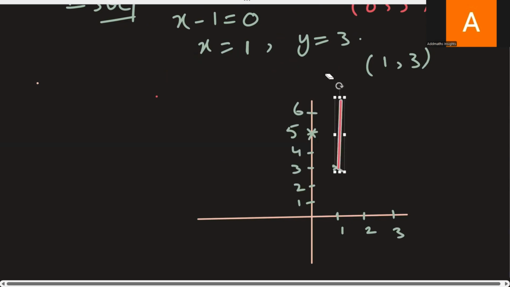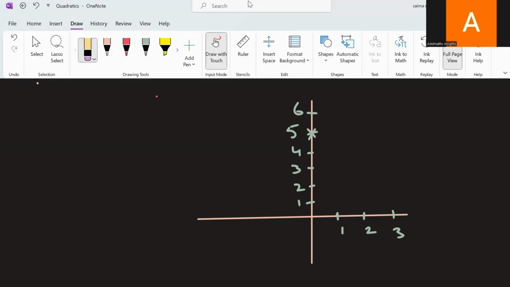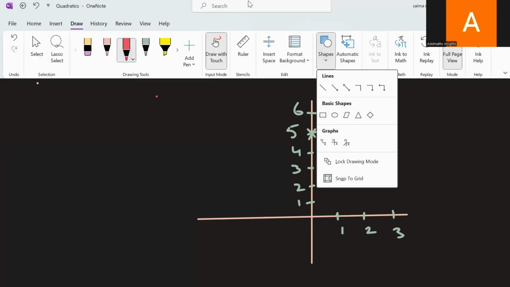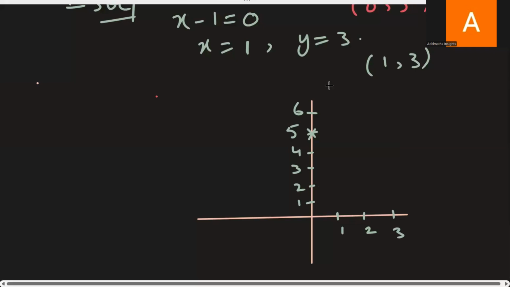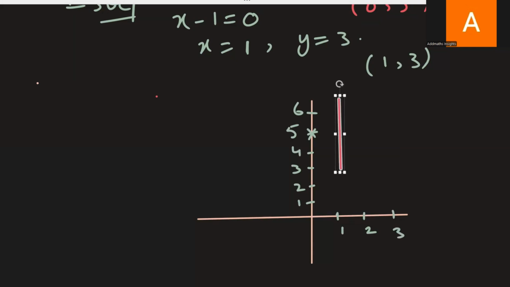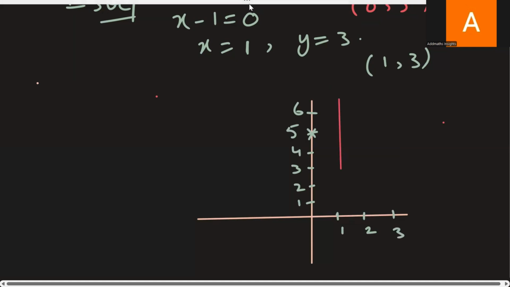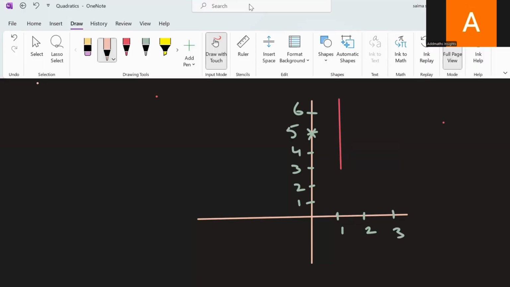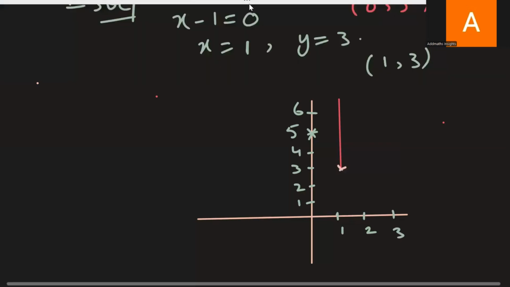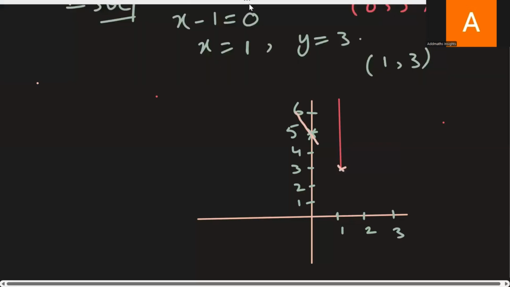From this point 1 and 3, you can draw a line of symmetry. This line divides the curve into two equal parts. So using this line, you can sketch the curve in the opposite direction as well.